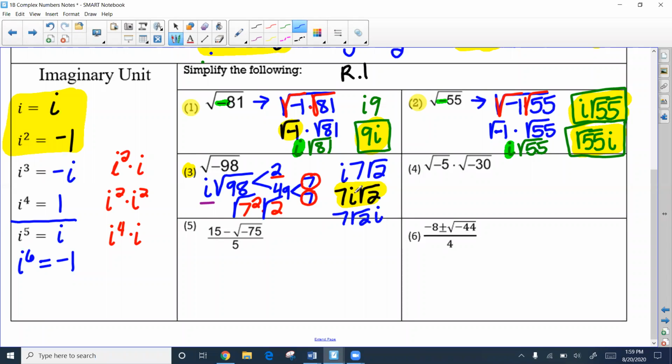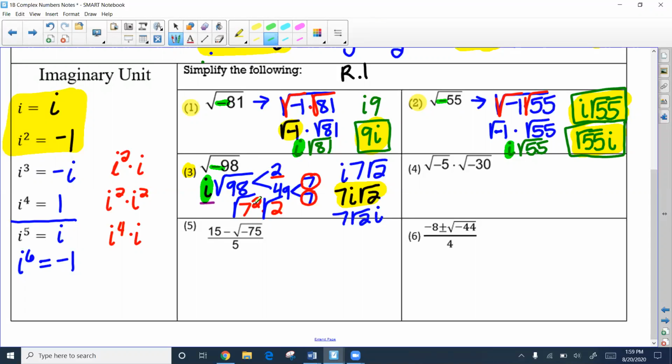The middle one that I highlighted is the most typical. So again, if you see the negative under the radical, right away switch it to an i outside of the radical. So I skipped the steps for that. I just put it as an i, but I did simplify the radical, the square root of 98 part.